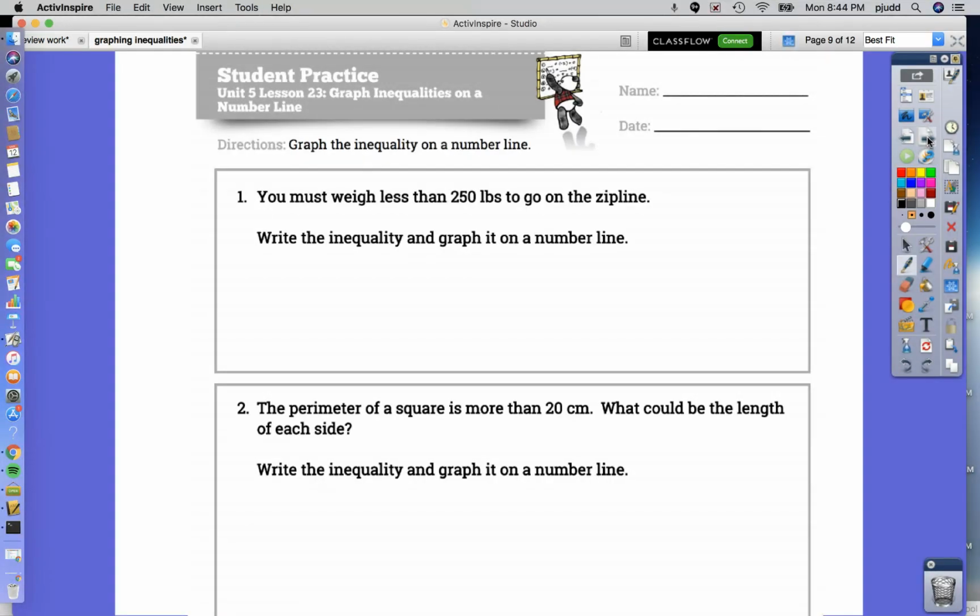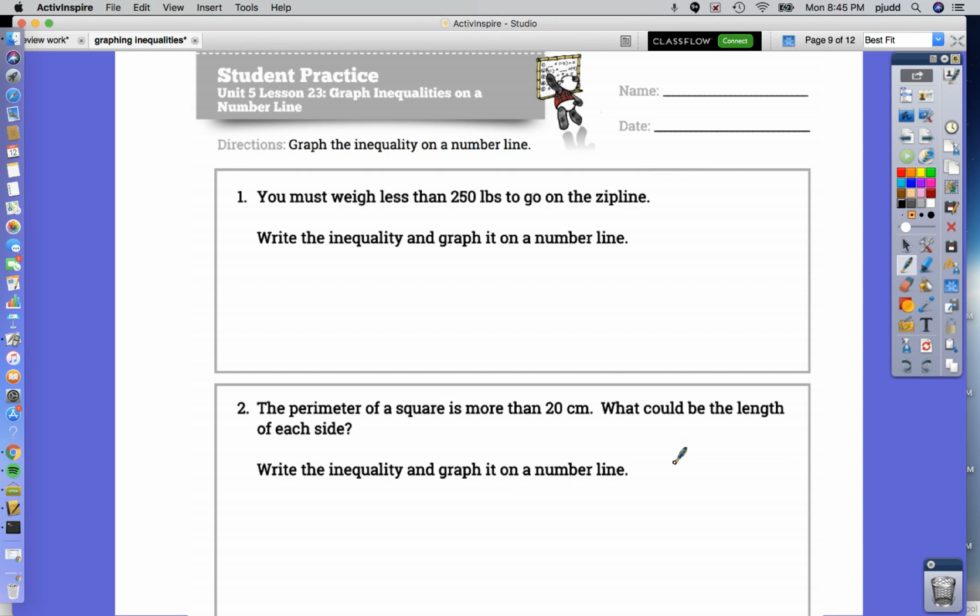Okay, student practice. Here we go. You must weigh less than 250 pounds to go on the zip line. Write the inequality and graph it on a number line. And then the second one, the perimeter of a square is more than 20 centimeters. What could be the length of each side? Write the inequality and graph it on a number line.